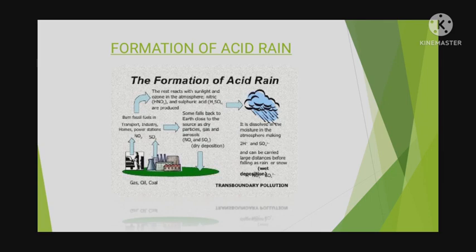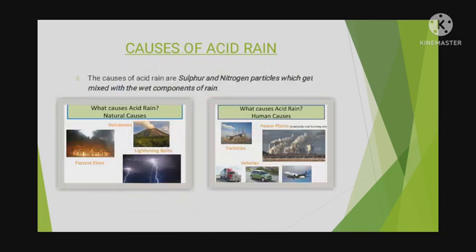And what are the causes of this acid rain? Acid rain is mainly caused by natural sources or by man-made sources. What are natural sources? A major natural source of acid rain is volcanic emissions. Volcanoes emit acid-producing gases that create a higher than normal amount of acid rain.